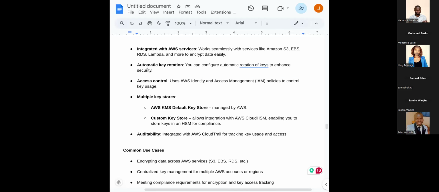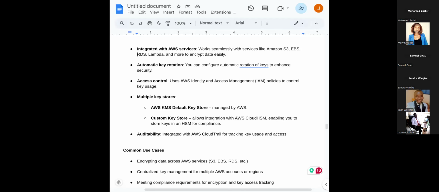And another thing that you can do is have automatic key rotation. Good conduct when you're using encryption is to rotate your keys once in a while, to ensure the security of your keys. And the other thing, you can use access control.